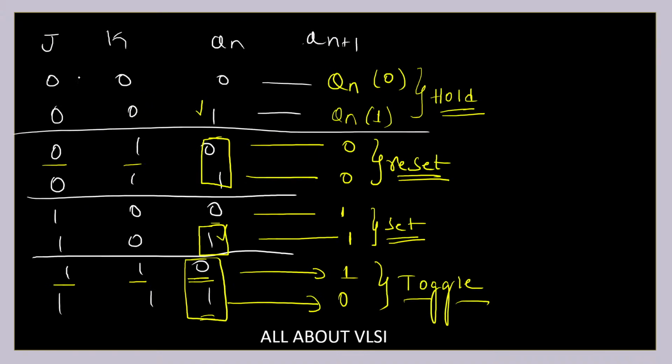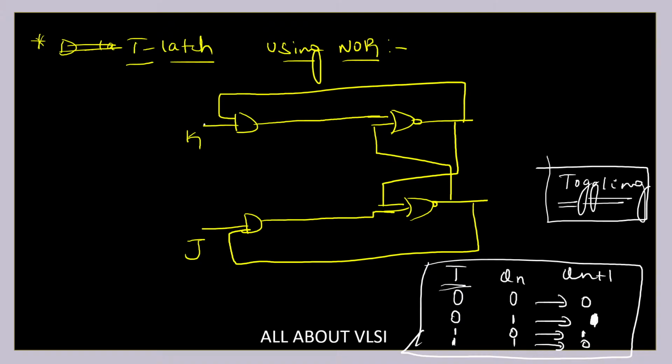In the case of your JK latch, if you remember, whenever J is equal to 1 and K is equal to 1, you are getting the toggle condition. So the same property I can use over here. I can connect J and K, short them and make it T. So whenever T is equal to 0, J will be equal to 0 and K will be equal to 0. It will be in hold condition. But if T is equal to 1, then these two will be equal to 1 and it will enter into the toggle condition. That's it. So this is how you're going to build a T latch.